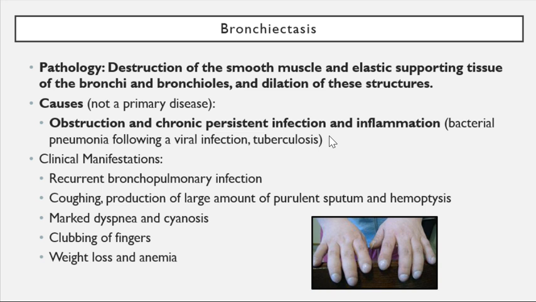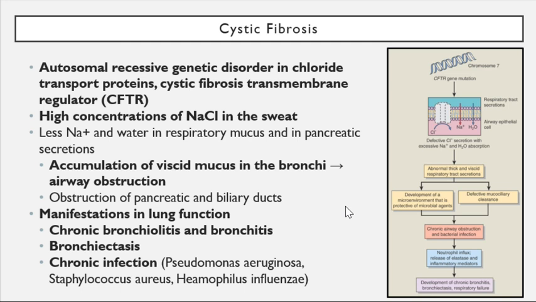A lot of bacterial things that cause pneumonia will get in there, and it just stays. A big thing that manifests outside of the lungs is clubbing of the fingers, which is very distinctive. It's also associated with weight loss, coughing, and recurring bronchopulmonary infections, a lot of infections of the lungs.